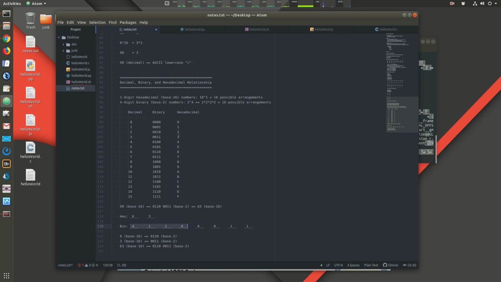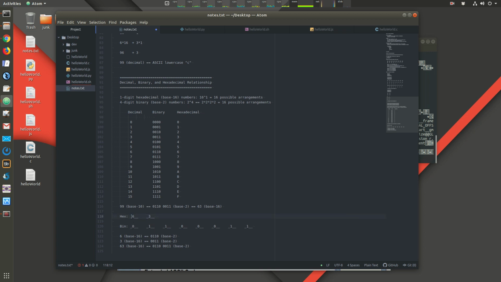What's that in a 4-digit binary number? A 3, a 1-digit hexadecimal number, is equal to 0011 in a 4-digit binary representation of that number. So we see at any point it's very easy to convert to hexadecimal from binary or vice versa.